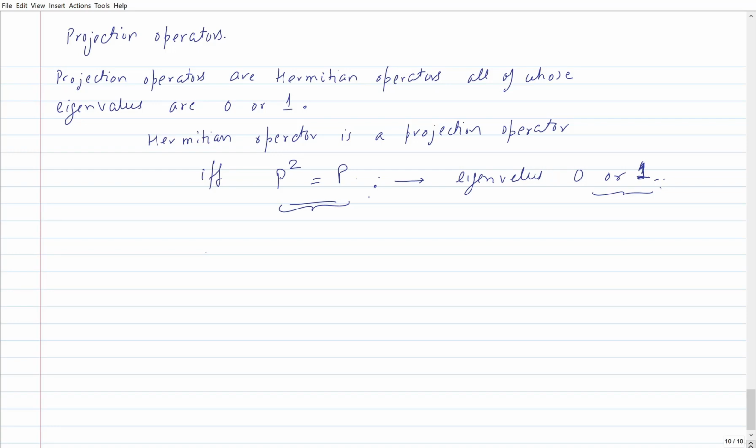Okay, so what about functions of operators? In general, my definition of a function which takes a complex input and gives me a complex output can be extended to operators.